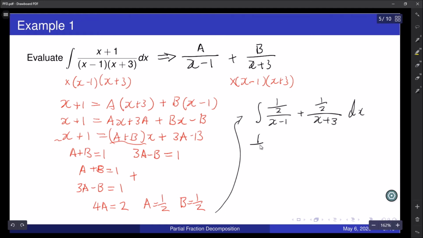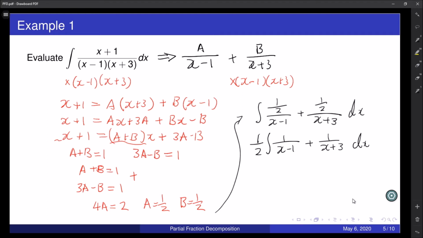And of course, we can move the constant term a half outside, leaving 1 over x minus 1 plus 1 over x plus 3. As you can see here, this is much easier to integrate because this is simply 1 over the derivative of x, so this is log of x minus 1, this is log of x plus 3, and then plus c gives us the integral.